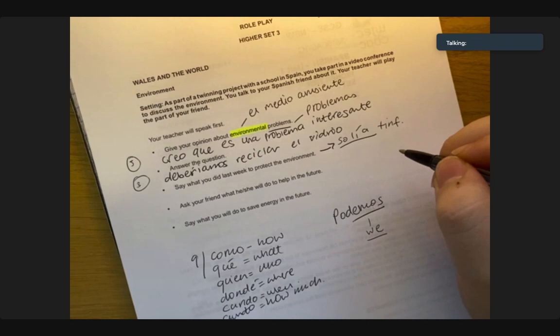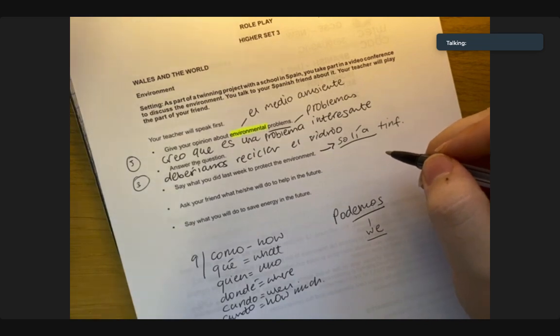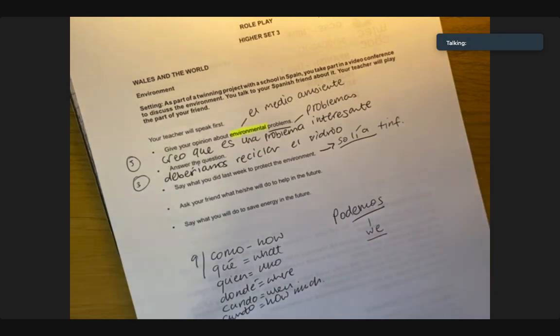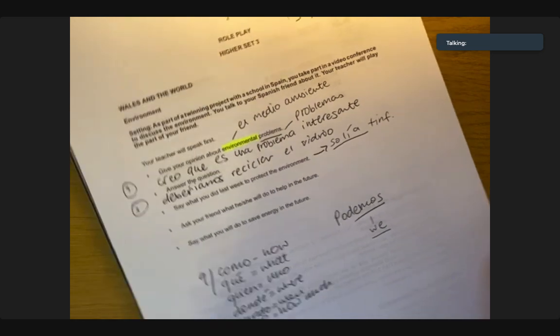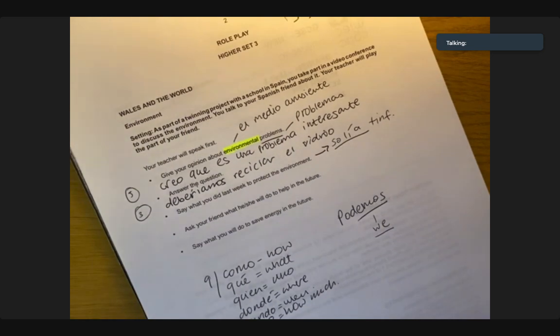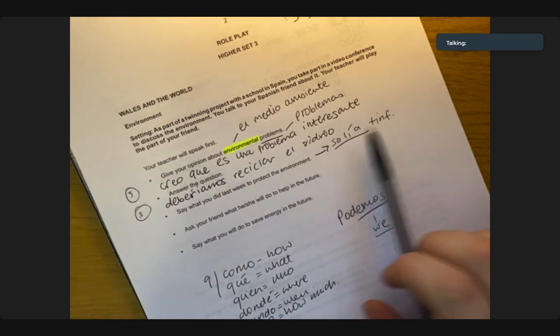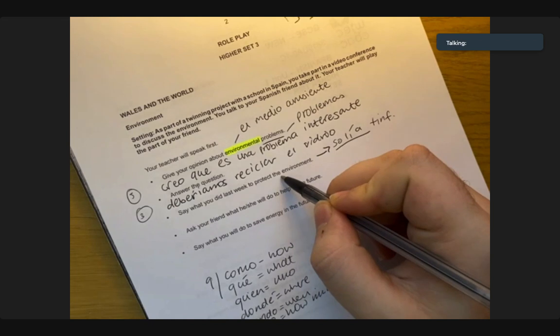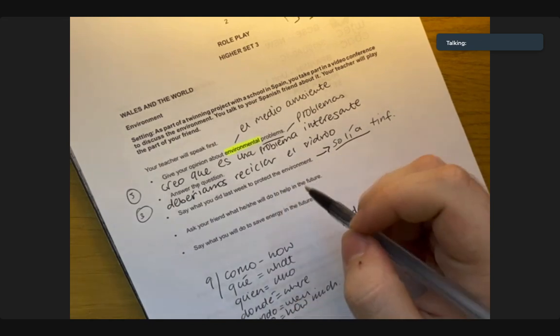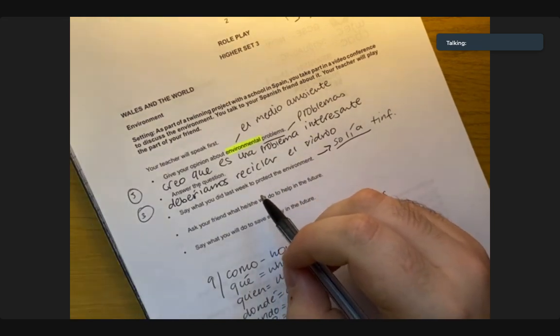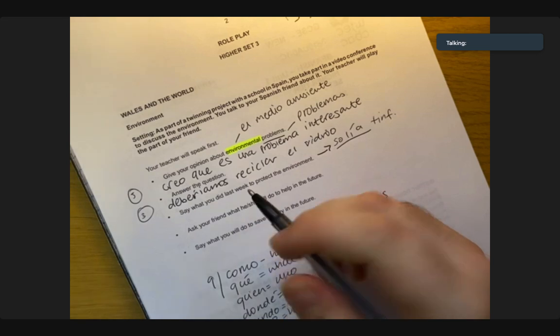An infinitive is a verb that ends in AR, ER, or IR. In English, a verb that can have to in front of it, to jump, to skip, to run, to do whatever. I could use solía, but that's more like I used to, so I used to do something. Because it's saying last week, I could actually manipulate the question.